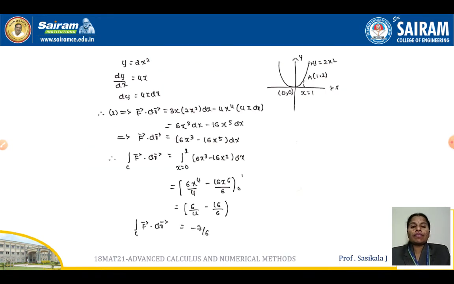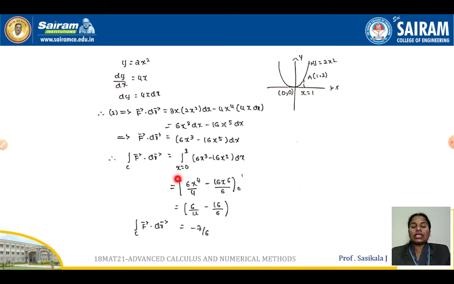For that reason we take the parabola curve y equal to x squared, with the points given in the question (0, 0) to (1, 2). So y is equal to 2x square, dy by dx is 4x, then dy is equal to 4x dx. Replace the y value and dy value in F dot dr. You will get 6x cube dx minus 16x power 5 dx, which is nothing but 6x cube minus 16x power 5 dx.